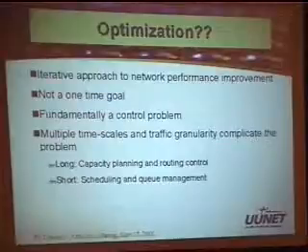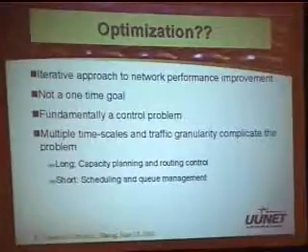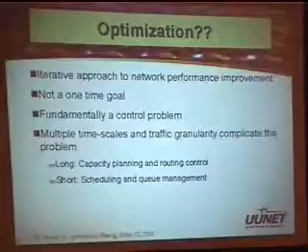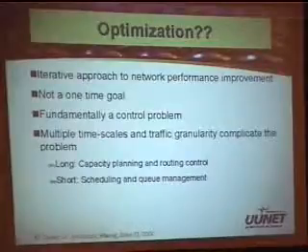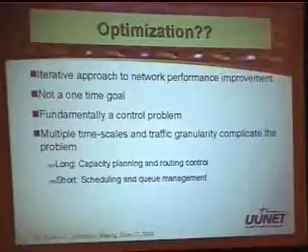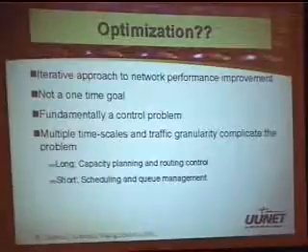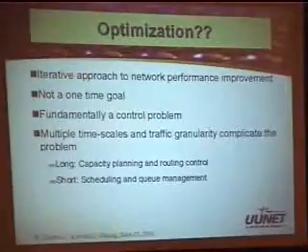Traffic engineering is a very complicated problem if you want to do it very well. Some of these complications arise from two basic aspects. One is that the IP network optimization problem operates over multiple time scales. And also you have various granularities of traffic resource allocation.